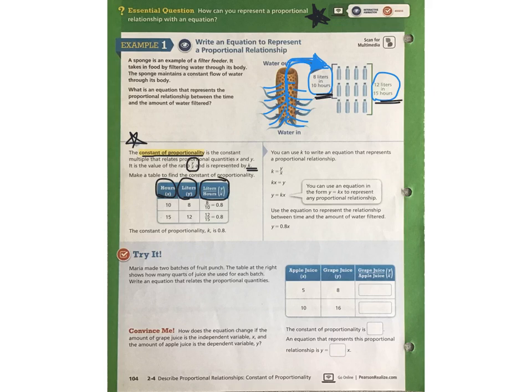So what you'll notice is the first piece of information we were given was the ratio that the sponge can filter 8 liters of water in 10 hours. So we write that ratio as 8 to 10. And what that means is that sponge can filter 8/10 liters in 1 hour.